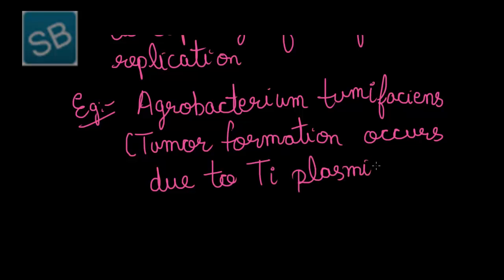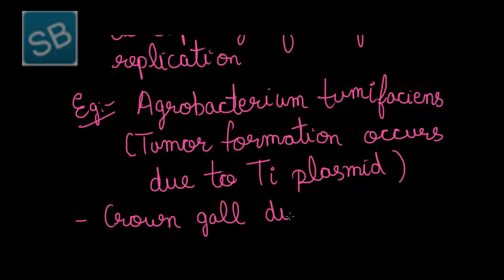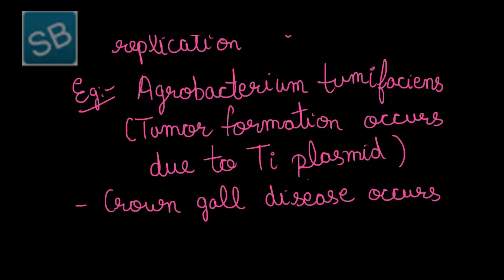This Ti plasmid is pathogenic and responsible for tumor formation, as a result of which the crown gall disease occurs, which has generally been noted in dicot plants. Due to this vector cloning method, the plasmid can be modified into a cloning vector which is comparatively less pathogenic and will not cause disease to plants.